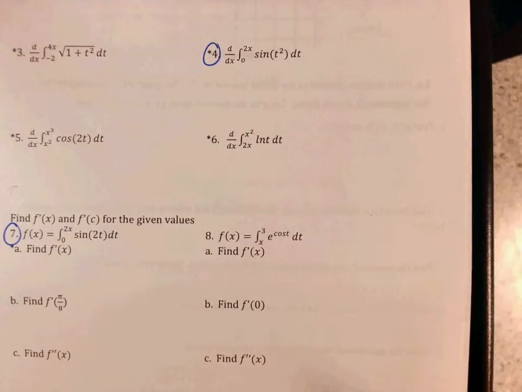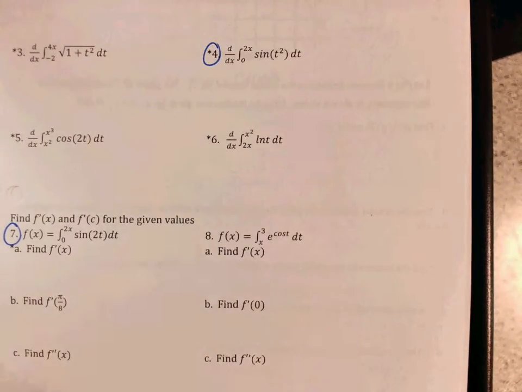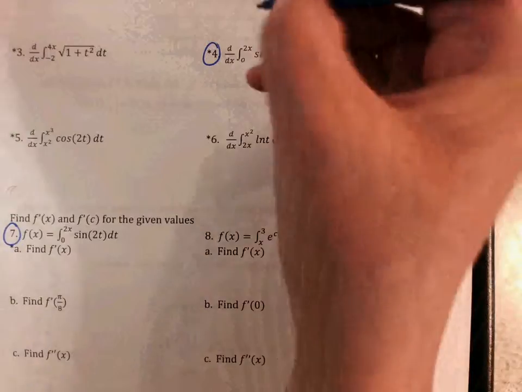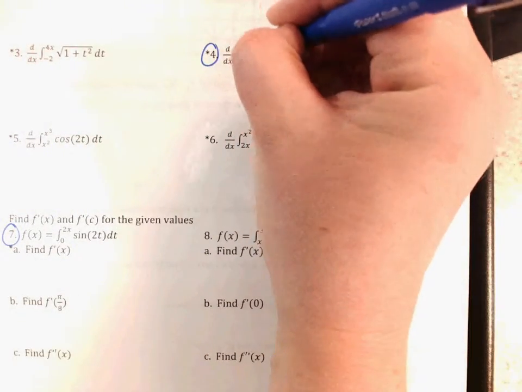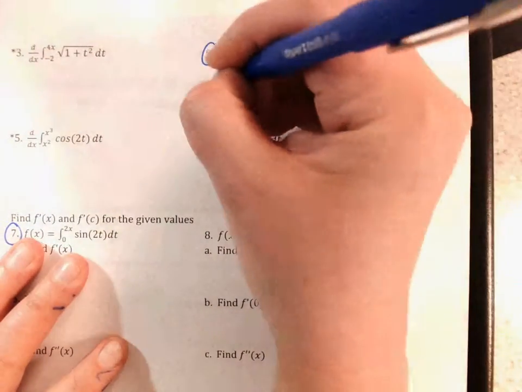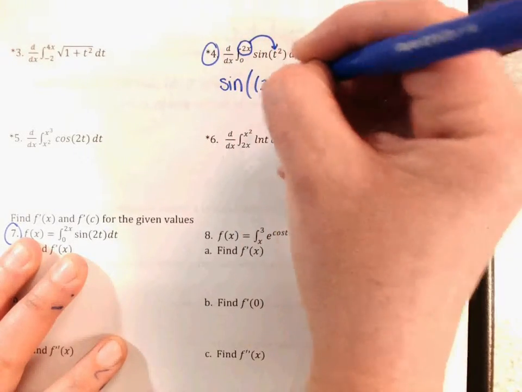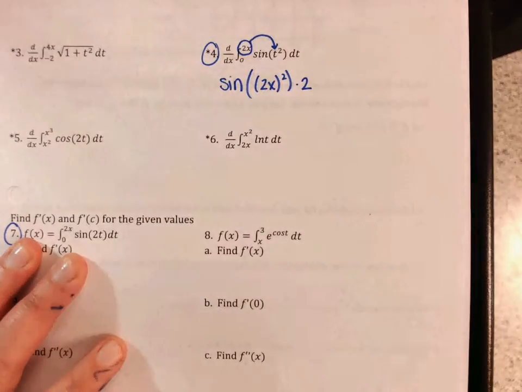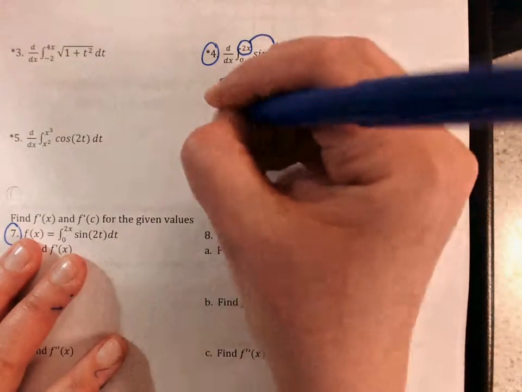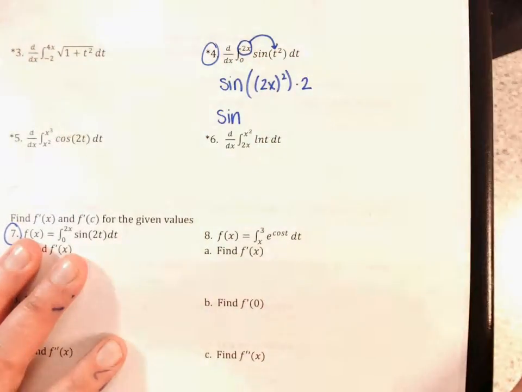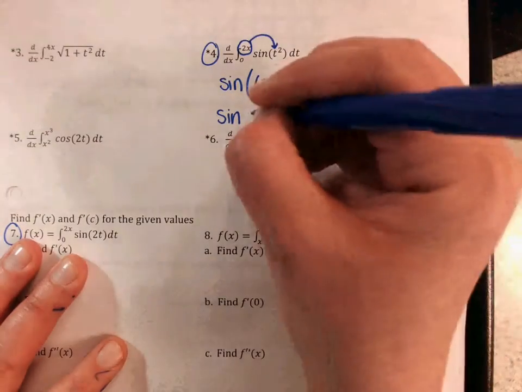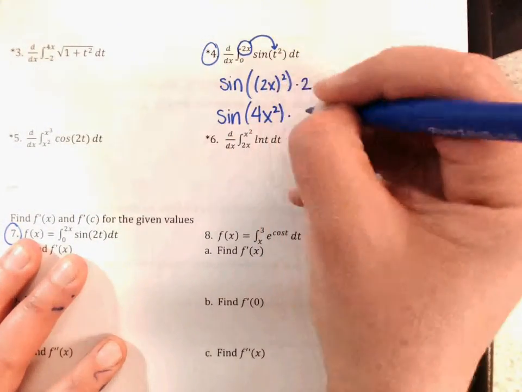Okay, I want you to check your number 4 and see if you did it correctly. There are 2 ways for you to write this. So I'm plugging in 2x here. So you could have written it like this: sine of 2x squared times 2. That would have been fine. Or you could have written it like this. What is 2x squared? 4x squared times 2.